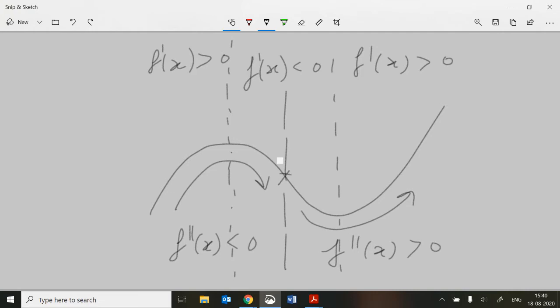Just another little thing to mention: if we've got dy dx, and we want to apply d dx again, I've said this a couple of times. If we apply d dx to dy dx, that's essentially giving us our second derivative.